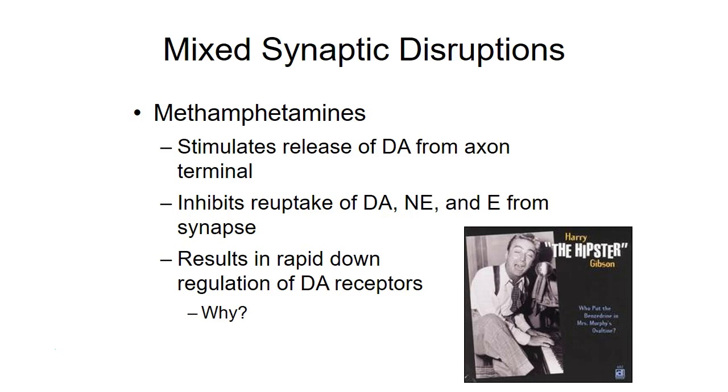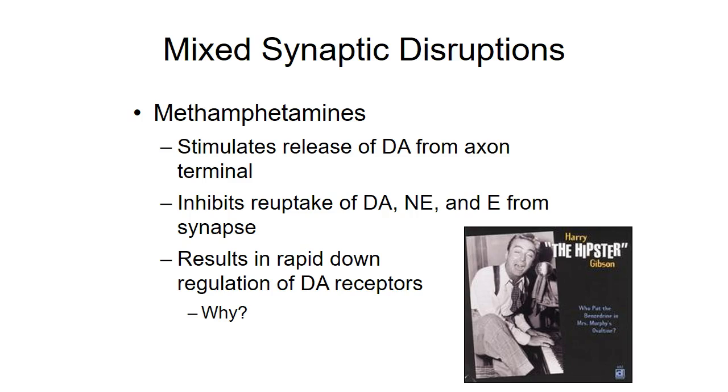So if we have elevated amounts of these neurotransmitters, that means that those cells that have the receptor for those neurotransmitters are being overstimulated, right? In an effort to minimize that overstimulation, those cells try to reduce the amount of receptors they have on their surface.